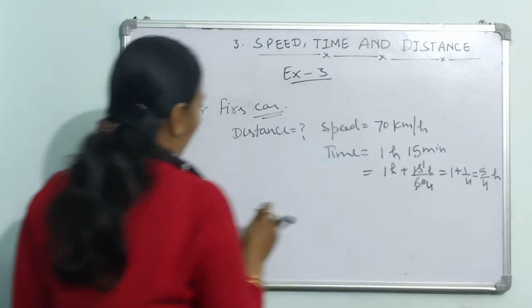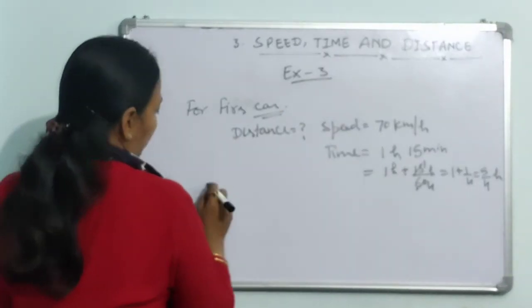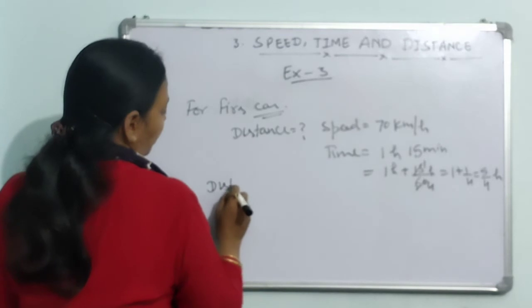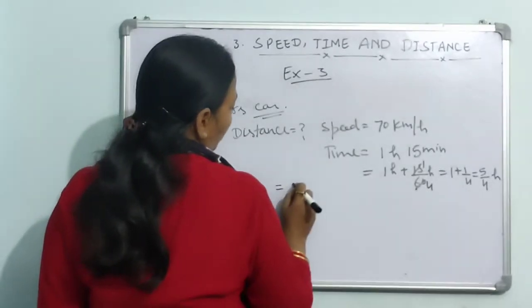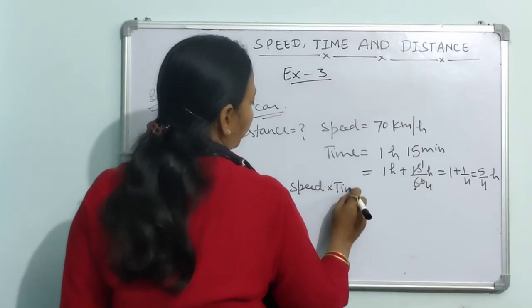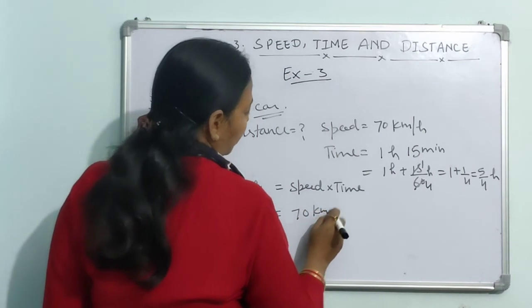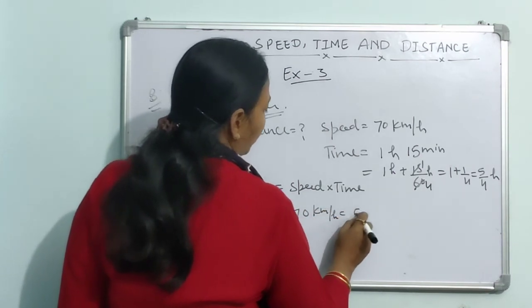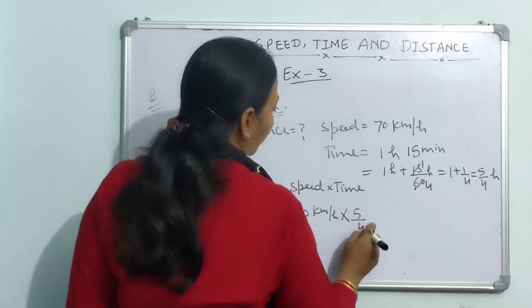So this is the time. Now what you have to calculate is the distance. Distance for the first car is equal to speed into time. Speed is 70 kilometers per hour and time is 5 by 4.